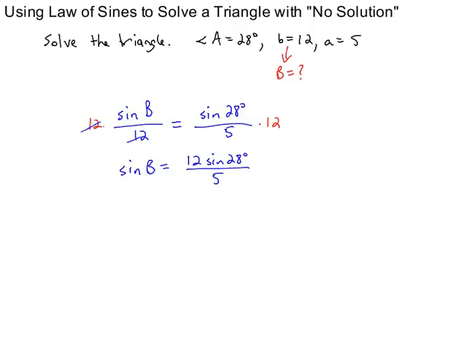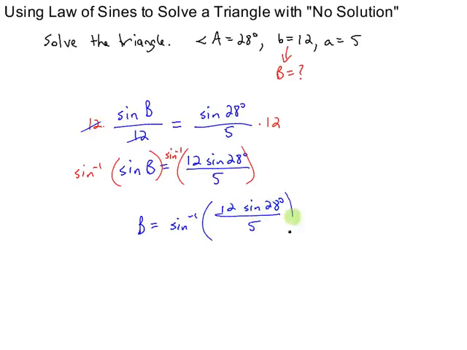And now I will take the sine inverse of both sides. And so angle B is going to be the sine inverse of 12 times the sine of 28 degrees over 5. So make sure to take the inverse sine of all of this with your calculator in degree mode.